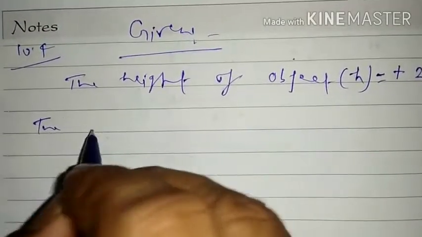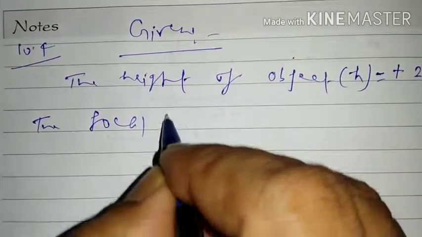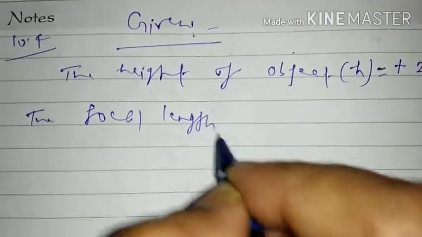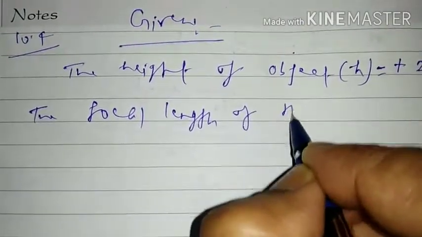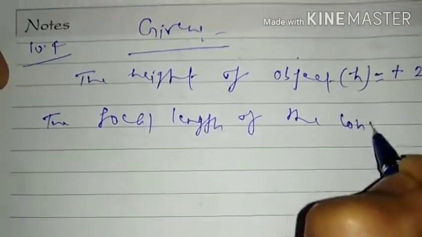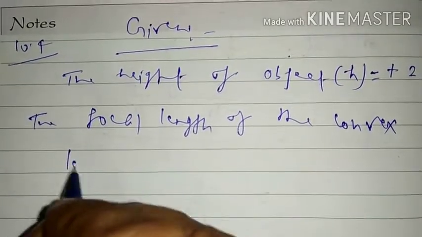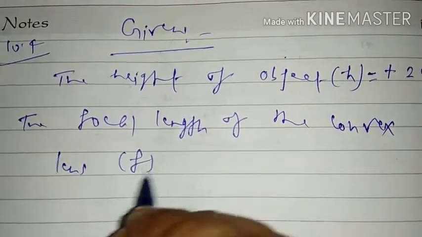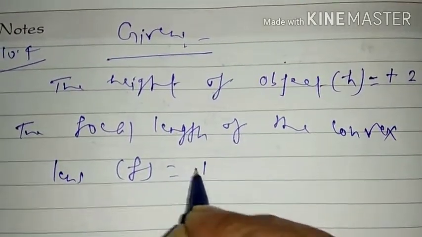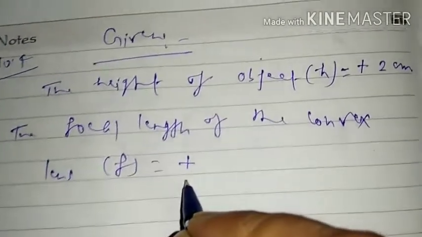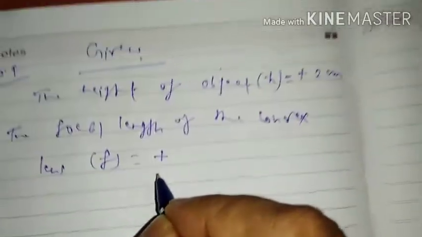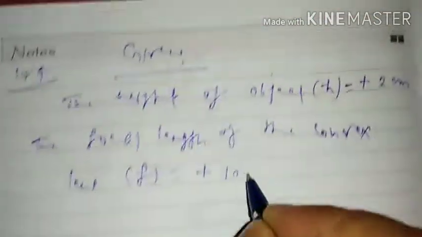Now, the focal length of the convex lens, and for focal length we use symbol f. For convex lens, focal length always becomes positive, so we shall write f is equal to plus 10 centimeter.